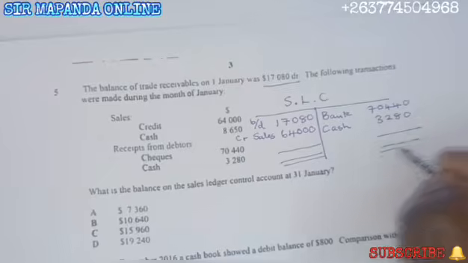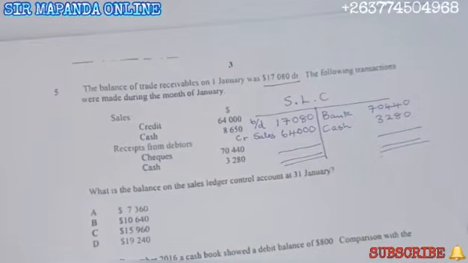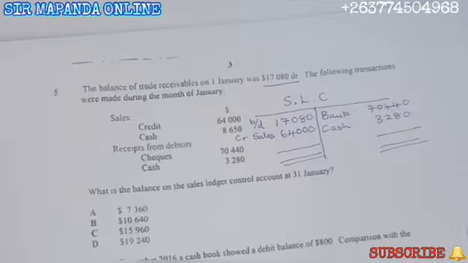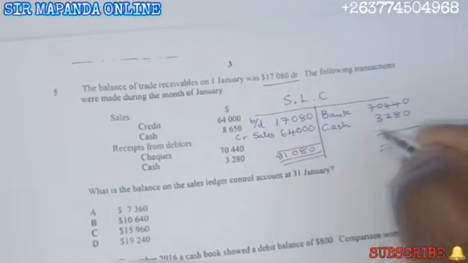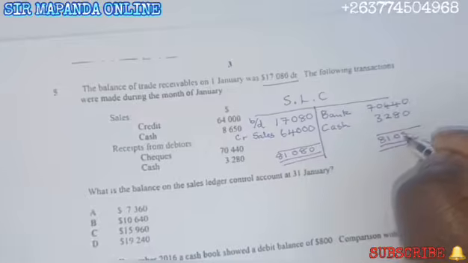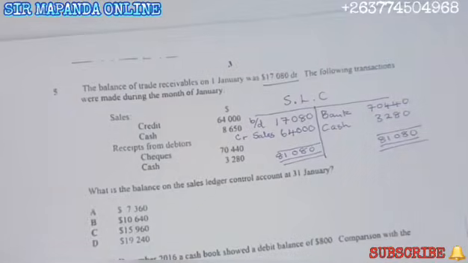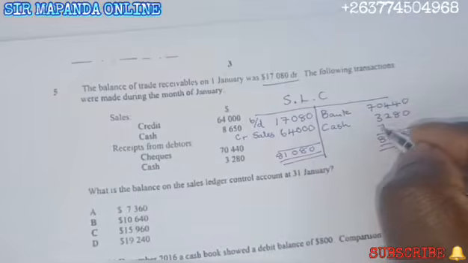Then I'm going to put my totals. 17,080 plus 64,000. You get 81,080. Then you say 81,080 minus 3280 minus 70,440. You get 7360.